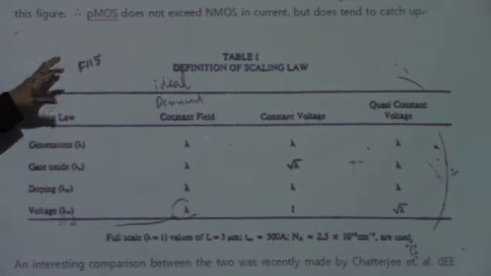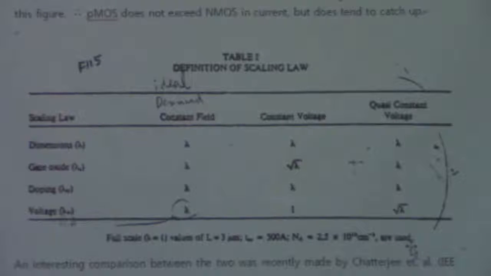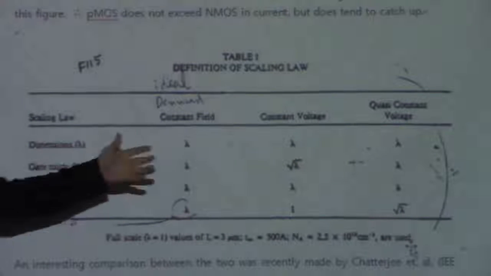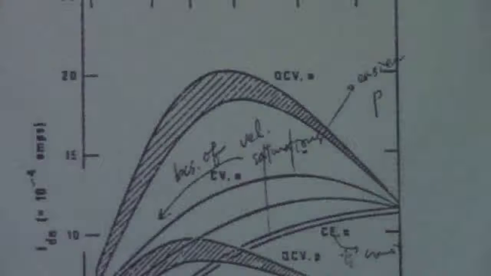So if you set a principle, constant field, constant voltage, or quasi-constant voltage, accordingly you have to apply different scaling factors for the dimensions, gate oxide, doping and the voltages, things like that, okay? And with that, you can have this plot.